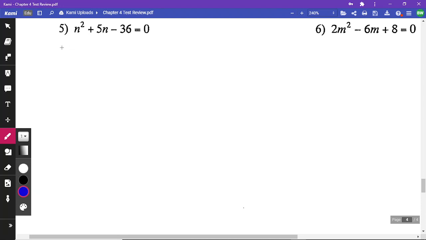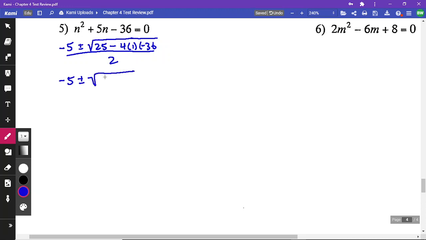So, negative b, that's negative 5, plus or minus the square root of b squared, which is 25, minus 4ac. 4 times a, which is 1, c is negative 36, all over 2a, which is 2. Okay, so that's negative 5 plus or minus, what's this under the radical? 25, what's your signs?